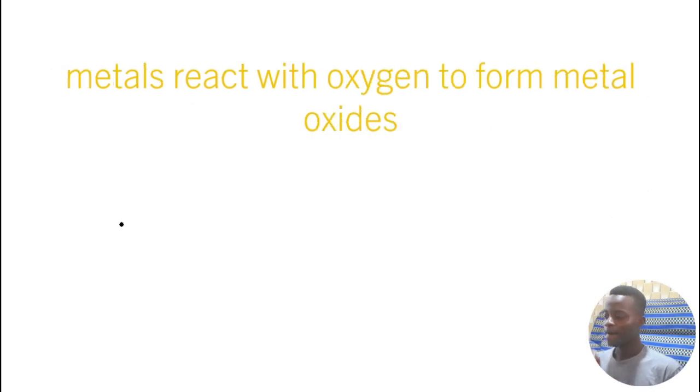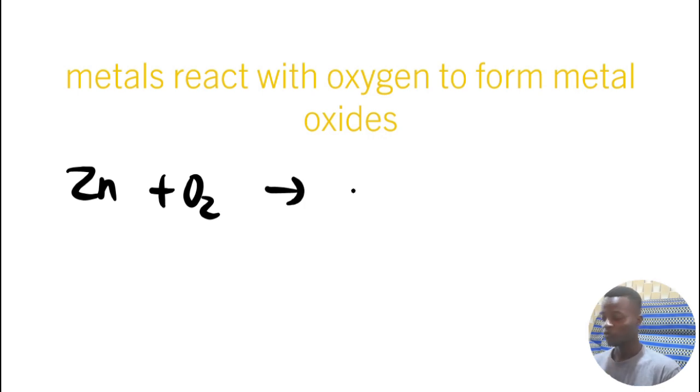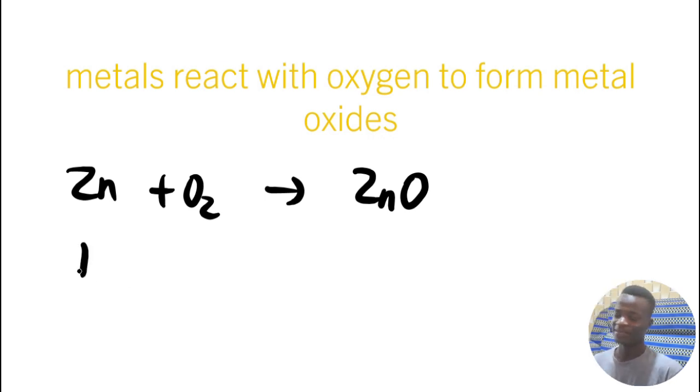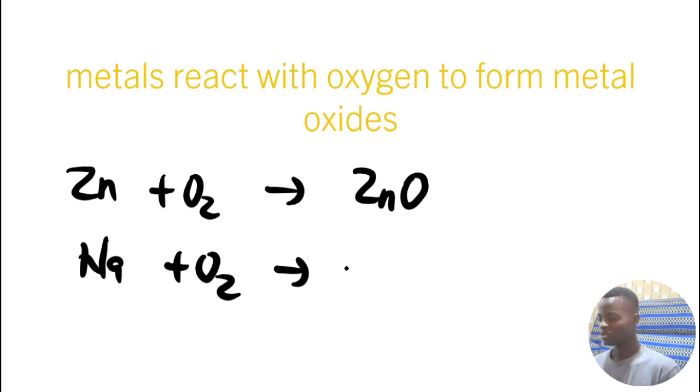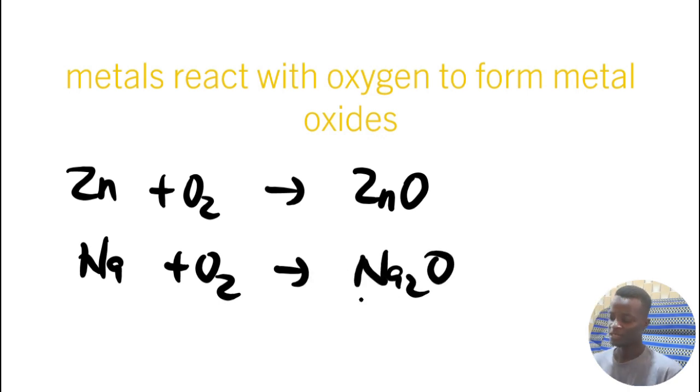Let's do another one. Metals react with oxygen to form metal oxide. So if I have zinc and I'm adding oxygen to it, this is going to form zinc oxide, the metal oxide. The same way, if I had sodium and I'm adding oxygen to it, it's going to form Na2O, sodium oxide.